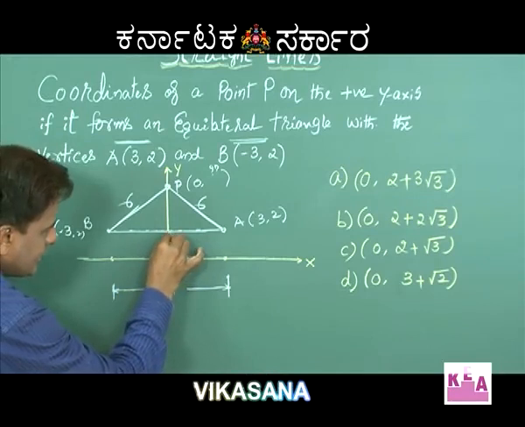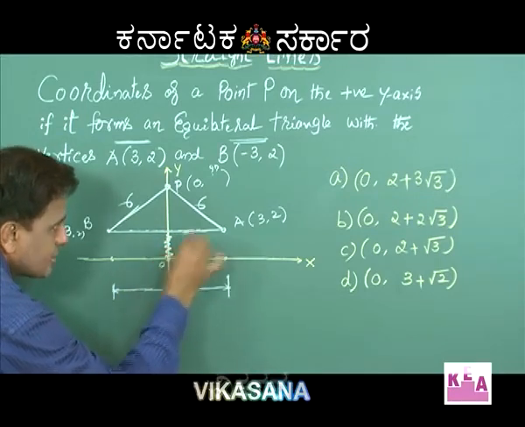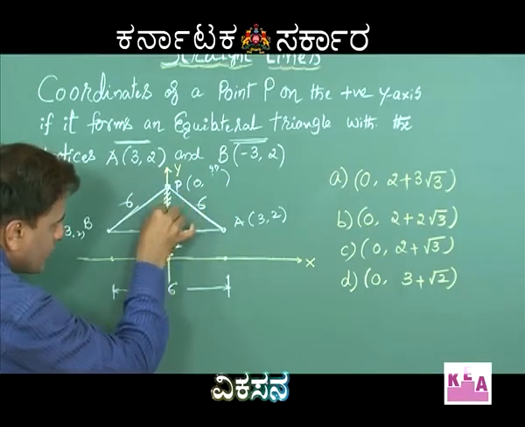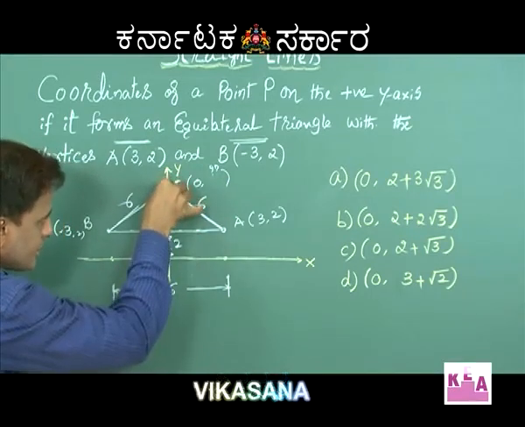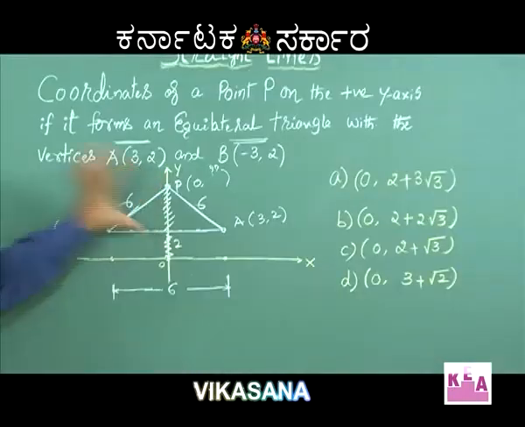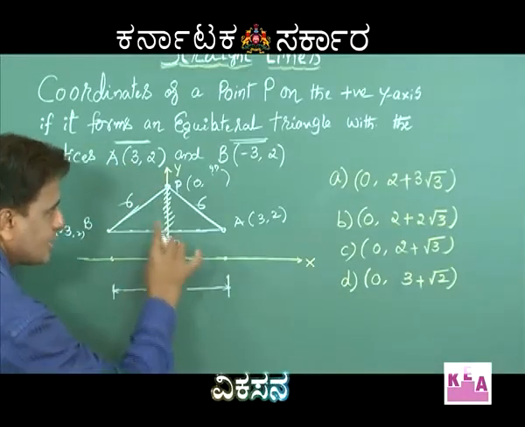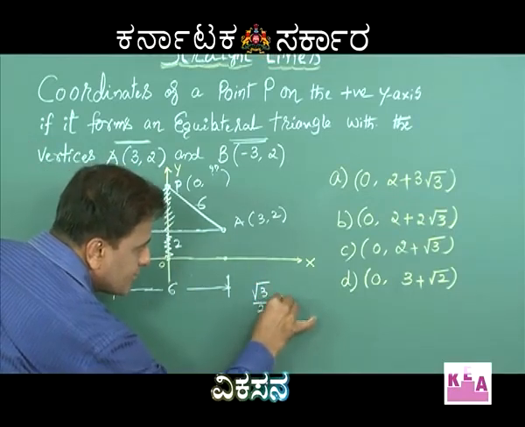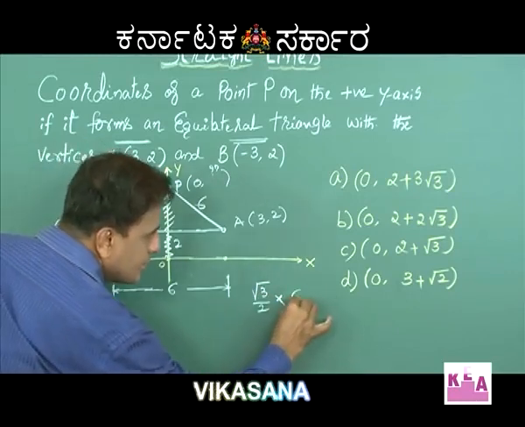Already we know this portion is 2 units. To find the y coordinate, we have to find this portion, which is equal to the height of the equilateral triangle. We know the height of an equilateral triangle is root 3 by 2 into side.